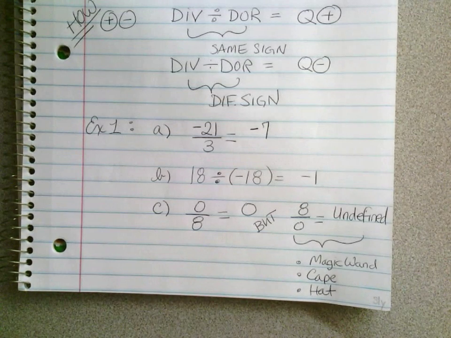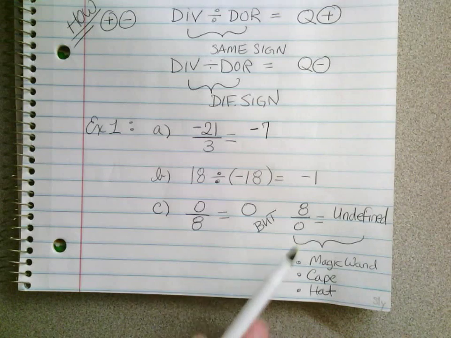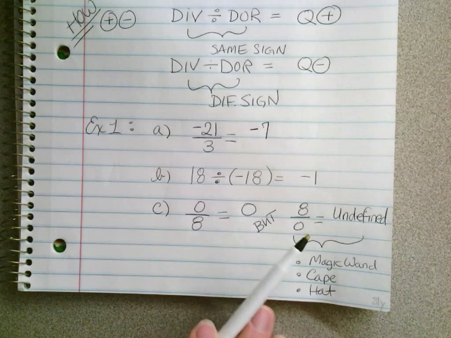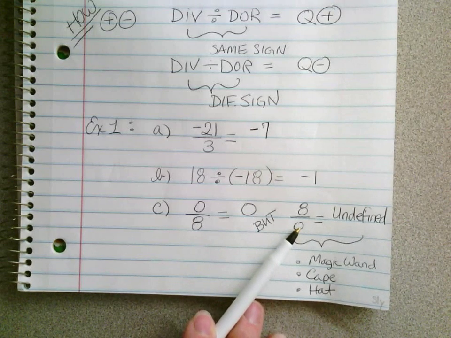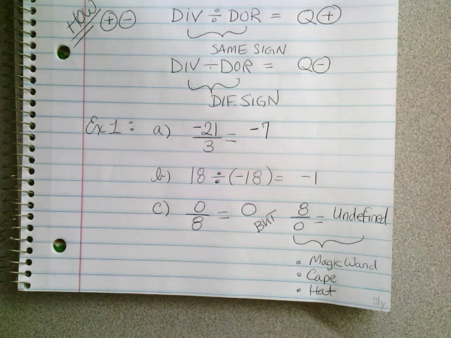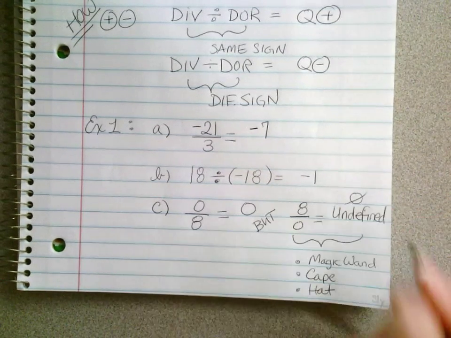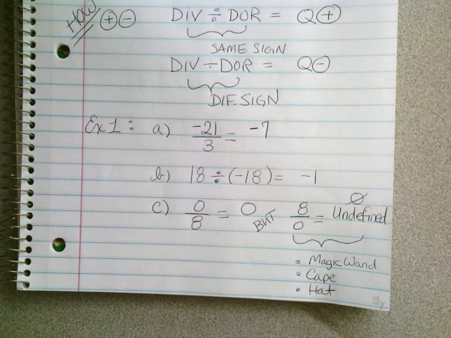Okay? You cannot divide something into 0 groups without making it disappear. So if you ever see a divisor that is a 0, the answer is no solution, undefined, or sometimes you'll see people just write no answer.